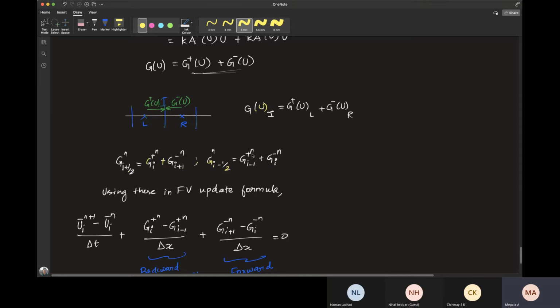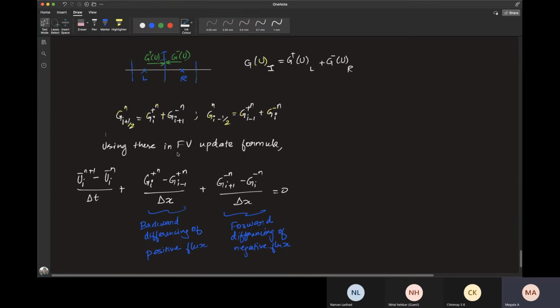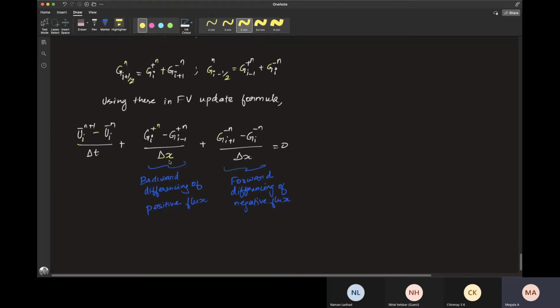Similarly, G i minus half will have positive flux contribution from i minus 1 and negative flux contribution from i. Now let's use these expressions in the finite volume update formula that I showed earlier. In that case, we'll get such an expression. Here we can evidently see that backward differencing is done for positive flux and forward differencing is done for negative flux. So this is now our finite volume update formula.